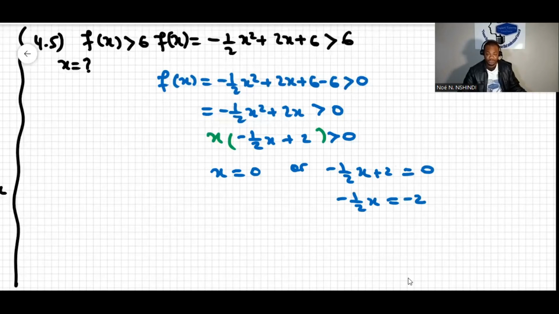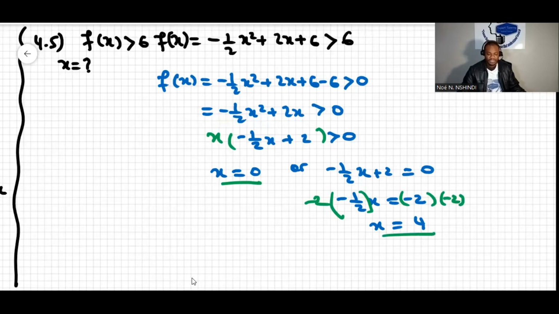If I multiply by negative 2, x is equal to 4. So now the critical values here are x equal to 0 and x equal to 4.